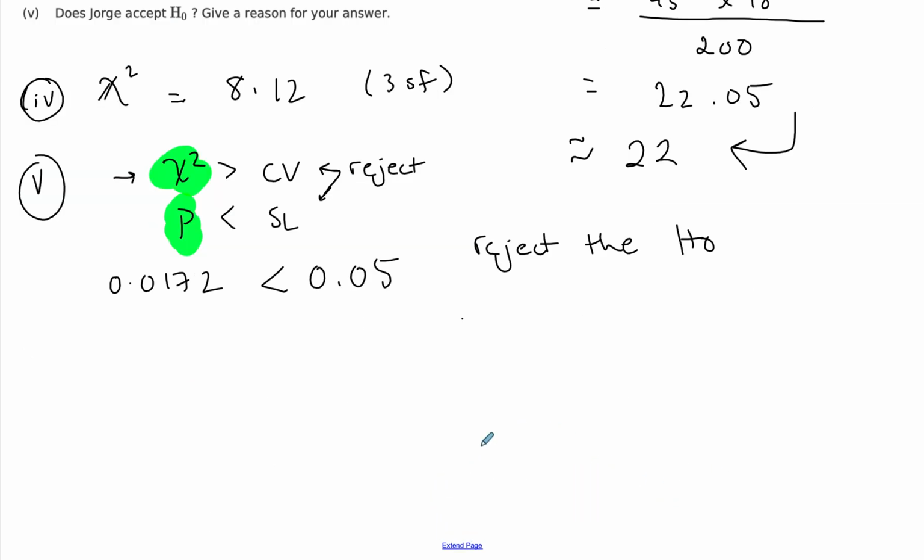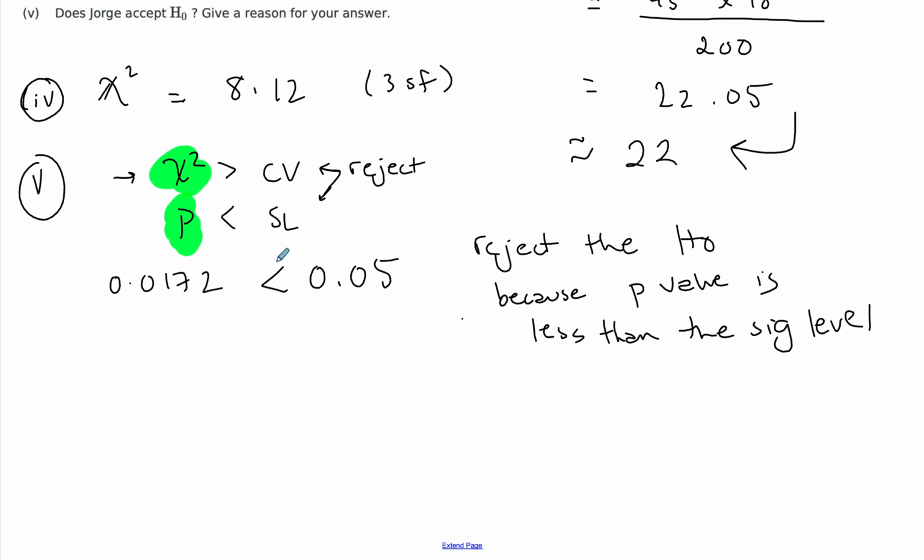And you have to show your reasoning. So you say you reject the null hypothesis because the p-value is less than the significance level, and show the inequality. If you reject or accept, you have to write the reason after that, or else you don't get the marks for it.